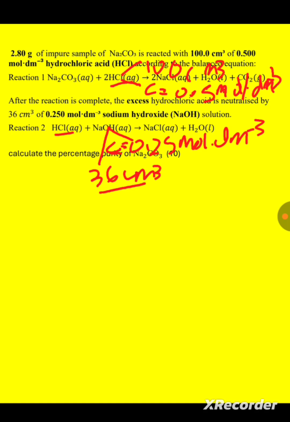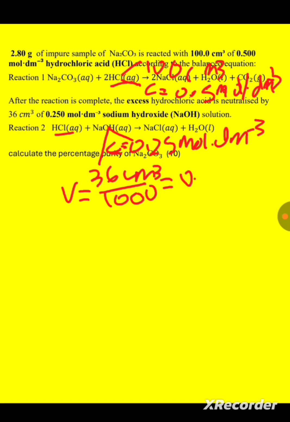But this volume must be divided by 1,000 so that it is measured in cubic decimeters.